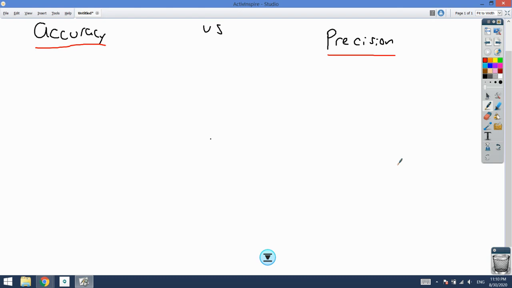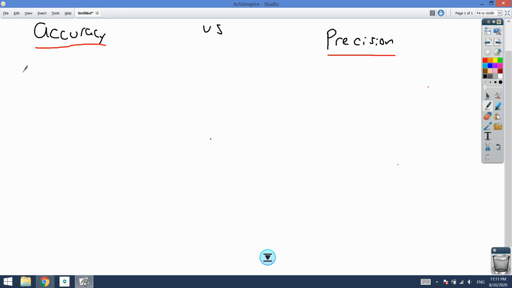So if you're thinking accuracy, we are going to use accuracy to describe how close your target is from your shot. So let me see if I can figure out my little drawing pad here. Bear with me. I'm still in red.